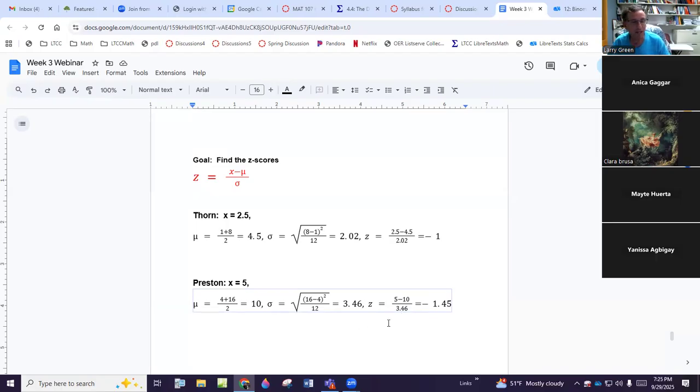If you type in the calculator 5 minus 10 divided by 3.46, why is that going to give us the wrong answer? If you put that in any calculator, including a computer calculator, what's wrong with doing that?